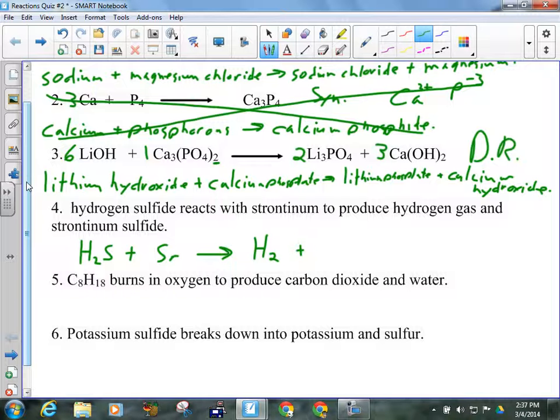Plus strontium sulfide, SrS. Okay, because this is a +2 and that is a -2, so that one is correctly swapped and dropped. So if they have that, give them a mark. What kind of reaction is that? Single replacement. Okay, so 1 mark for single replacement.